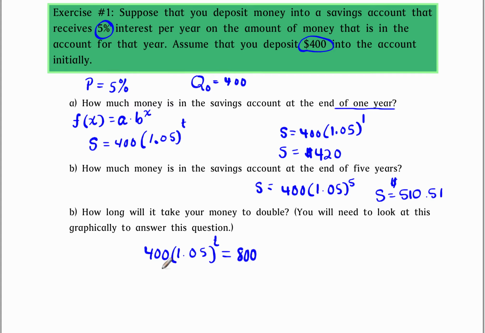So I'm going to clean this up a little bit by dividing both sides by 400 to make my numbers smaller. 1.05 raised to some time frame should get me the number 2, because how long is it going to take for a percentage of 5% to double?